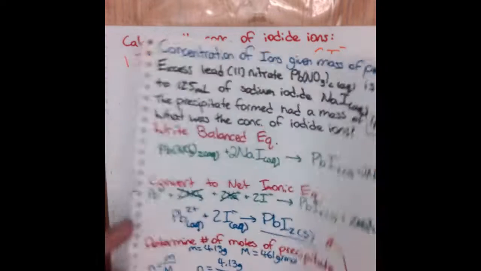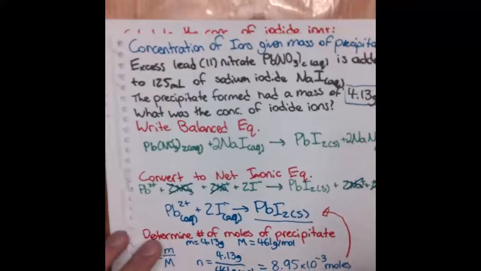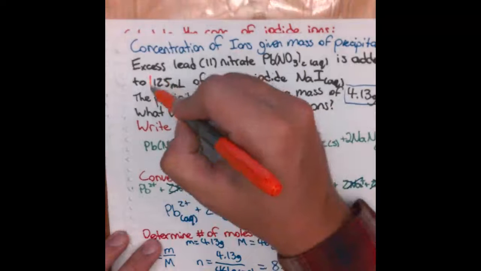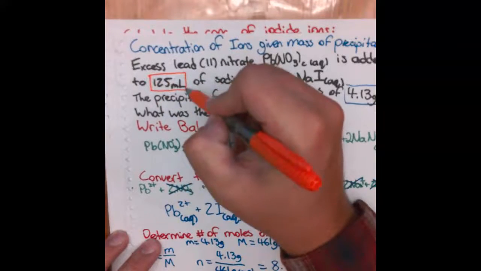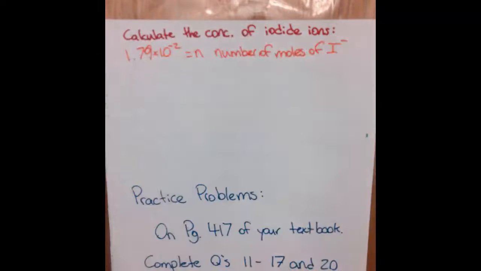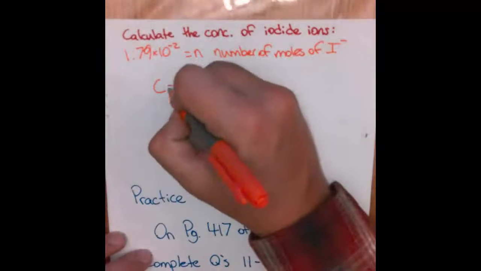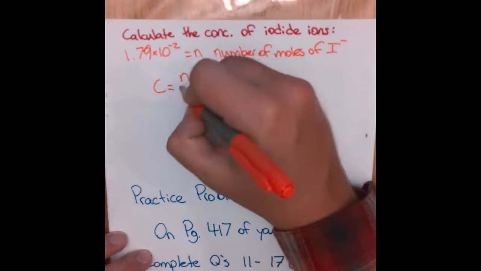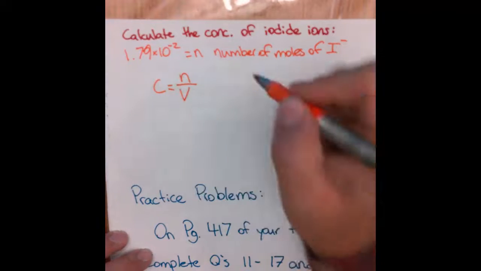So if we look here again, we see that we had 125 milliliters of sodium iodide that was added. So our concentration equals our number of moles over our volume, right?